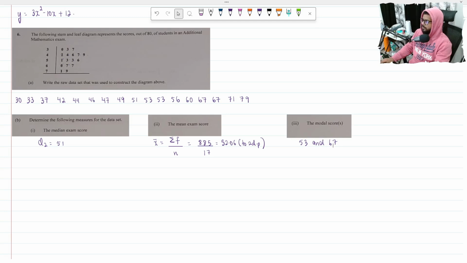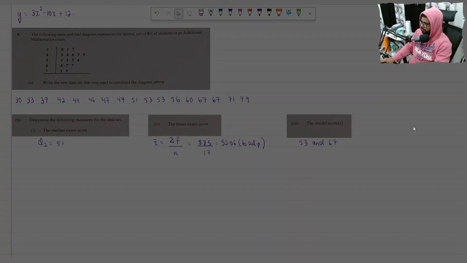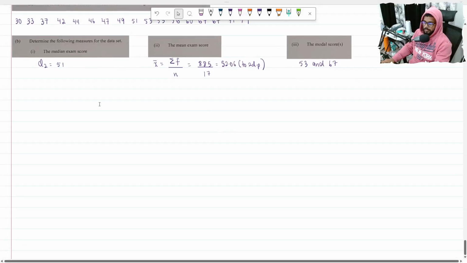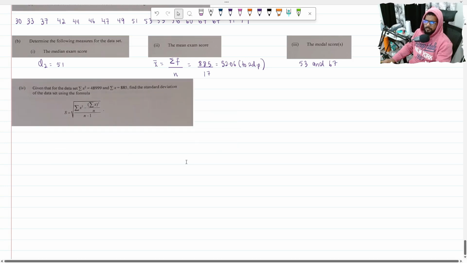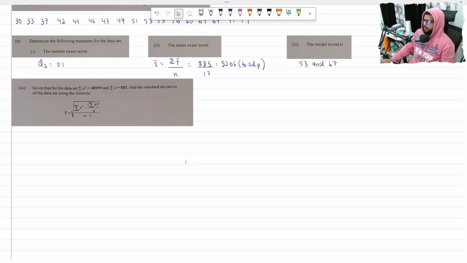All right, so next, given that for the data set, the summation of x squared is that, and the summation of x is that, find the standard deviation of the set using the formula. So it's just a substitution game.